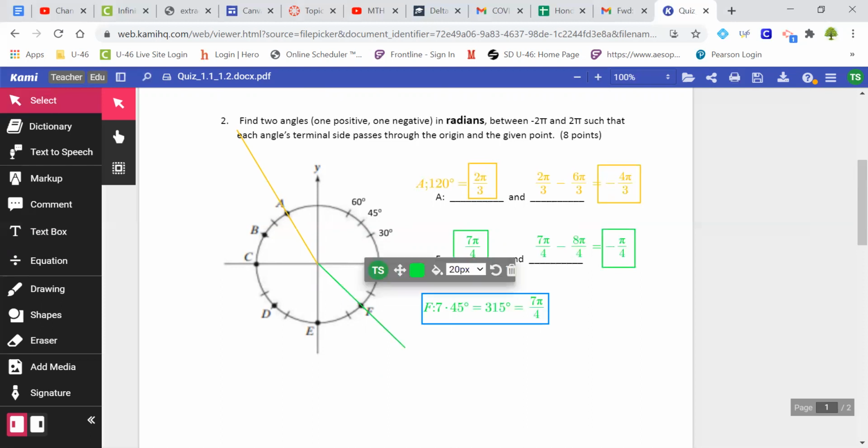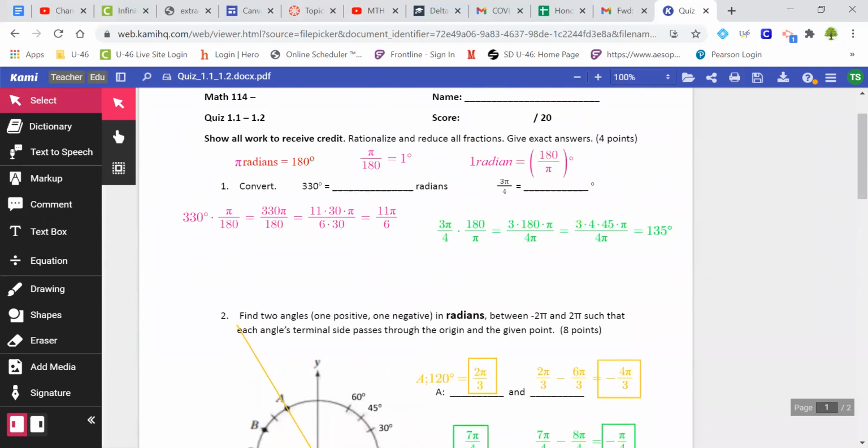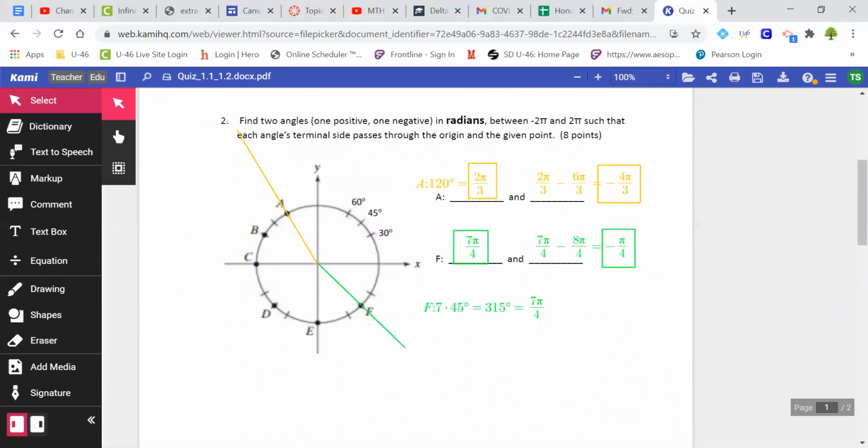So that's 7 times 45, which is 315. That is 7 pi over 4 radians. I can use the same logic up here. I would just take 315 degrees times pi over 180 to get 7 pi over 4. And then to find the negative angle, I subtract 2 pi, which I can express as 8 pi over 4. And 7 pi over 4 minus 8 pi over 4 is negative 1 pi over 4.